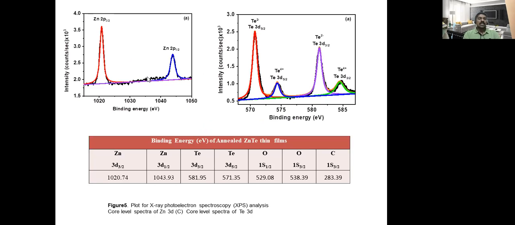This is the core level spectra for zinc as well as tellurium, and in both core level spectra it shows doublets. According to these two doublets, the core level spectra show the presence of the chemical states of zinc 2 plus and tellurium 2 minus.